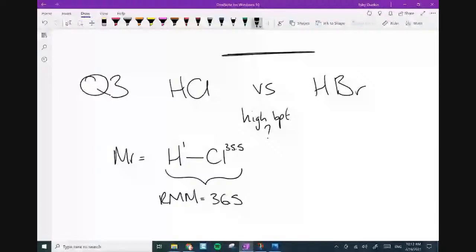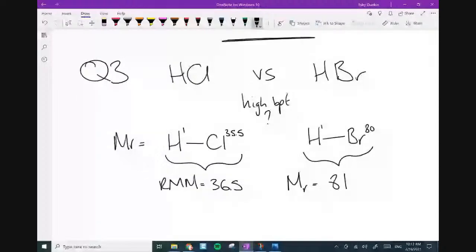HBr, hydrogen is bonded to bromine. Hydrogen is 1, bromine is 80. So the HBr's relative molecular mass, or commonly Mr, is the same thing, by the way. So the Mr on that one is going to be 81. Right, let's have a look.